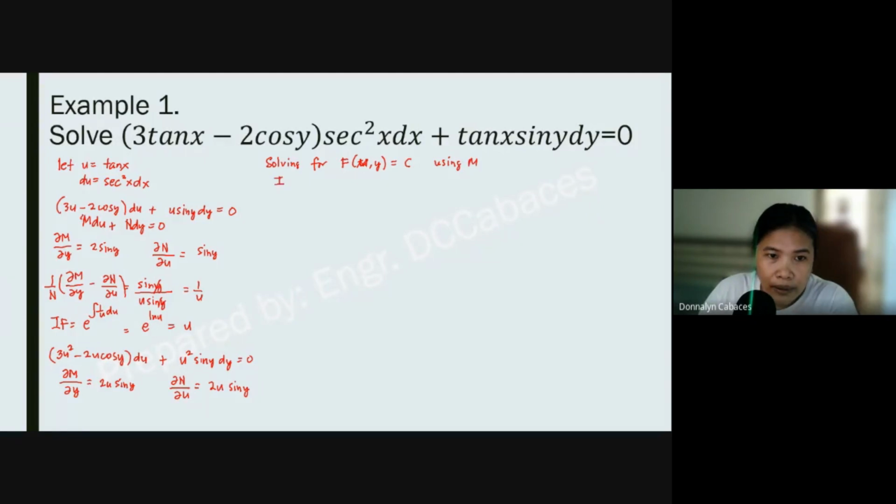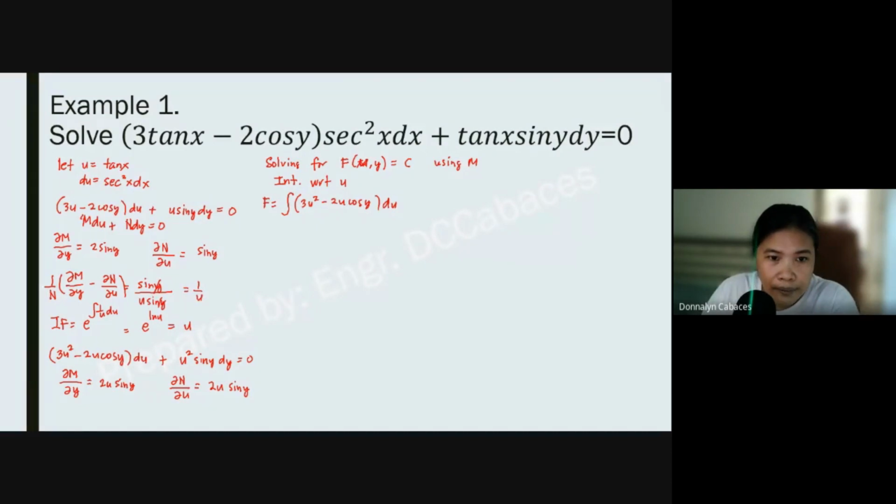So we integrate with respect to u. So f is equal to the integral, this is our new m, of (3u squared minus 2u cosine of y) du.